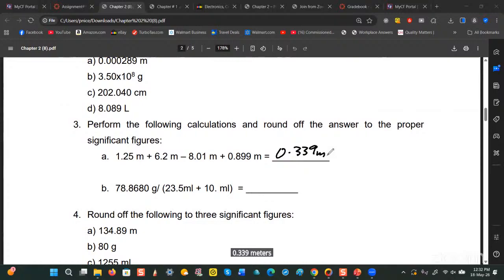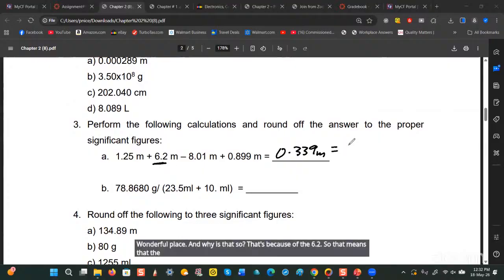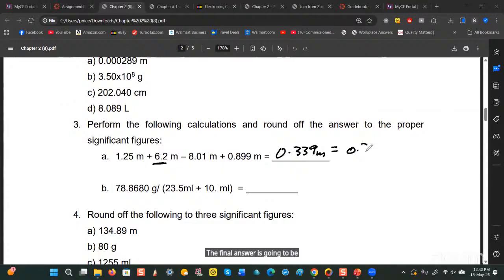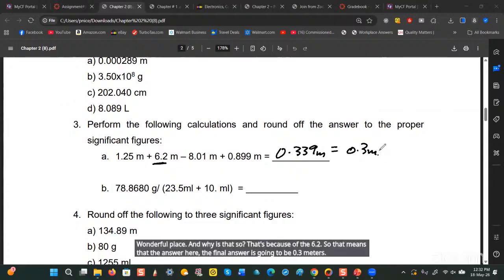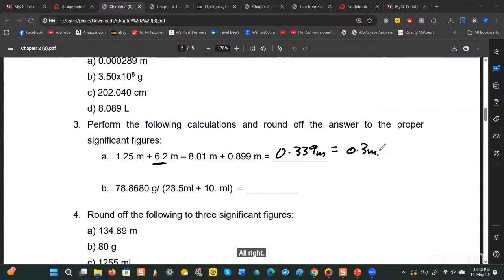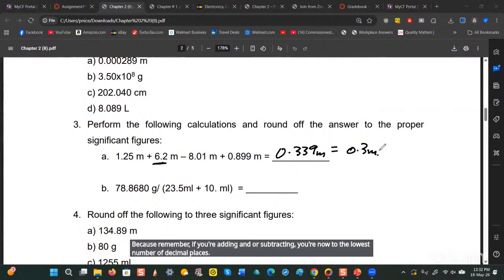So to what extent do we need to round this off to? 1 decimal place. And why is that so? That's because of the 6.2. So that means that the final answer is going to be 0.3 meters. All right? Because remember, if you're adding and or subtracting, you round off to the lowest number of decimal places. Any questions about this one?